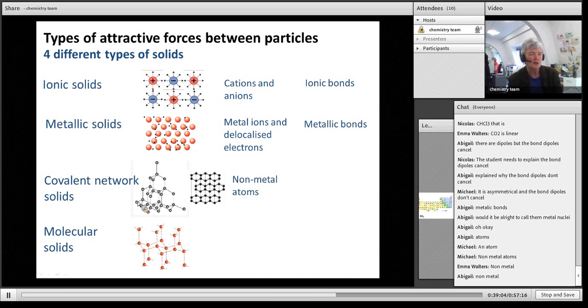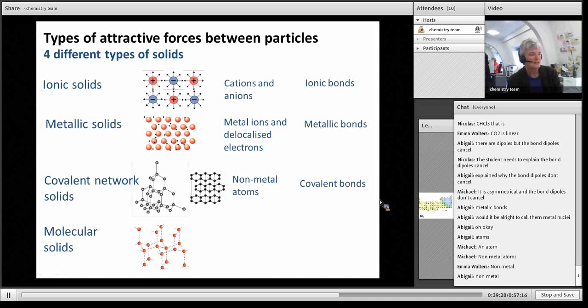Again, I'm not sure if they mark you down if you say atoms, but certainly if you're trying to go for excellence, and I always encourage all my students to do that, the more specific detail you add, the better. It just shows you've understood the work. And the bonding is, I think, quite obvious, covalent bonds. So the non-metal atoms are being held together by covalent bonds.